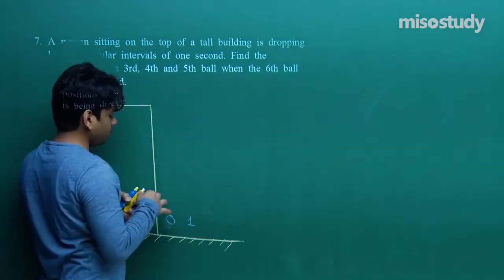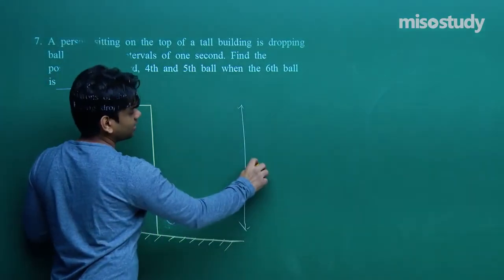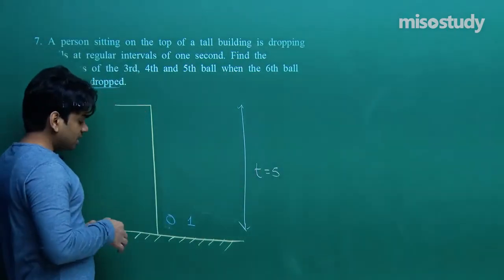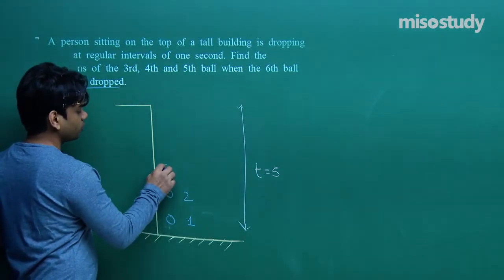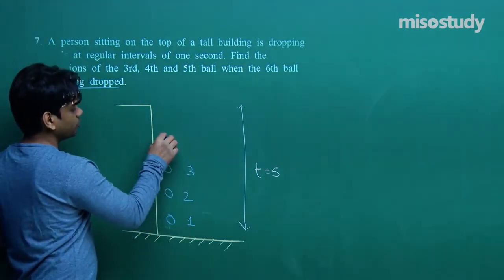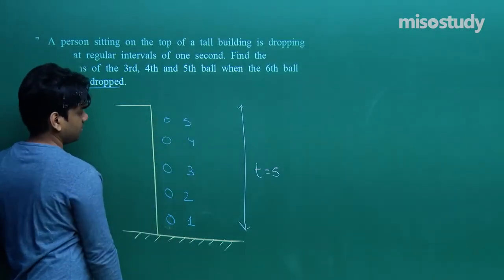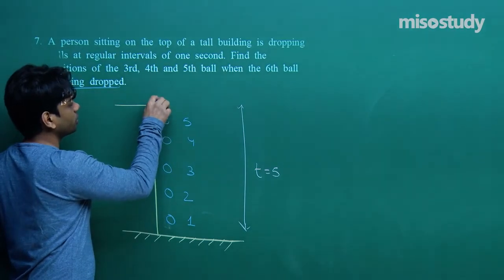So the time that the first ball would have traveled, as I just illustrated, will be 5. The second ball would be somewhat here. It would have traveled only 4 seconds. This would be the third ball, this would be the fourth ball, this would be the fifth ball. And the sixth ball he is going to drop just now.